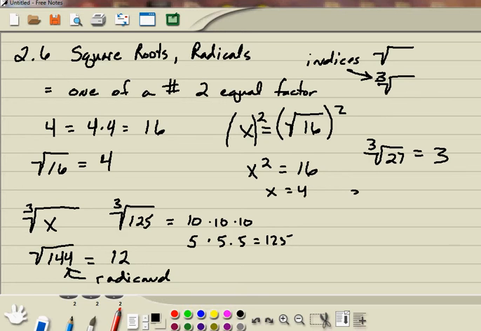What if you get one that's fairly large, like 1,024? And actually, I did not want my index to be 3. I want it to be the 5th root. Okay, so it's a little bit more work here, and it might create some trial and error. So if we did 2's, 2 times 2 times 2 times 2, 4, 8, 16, 32.